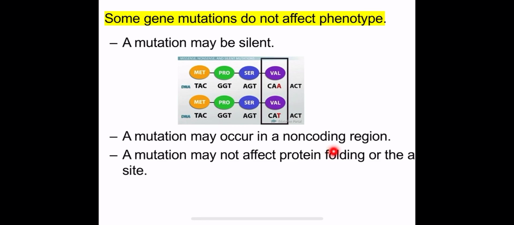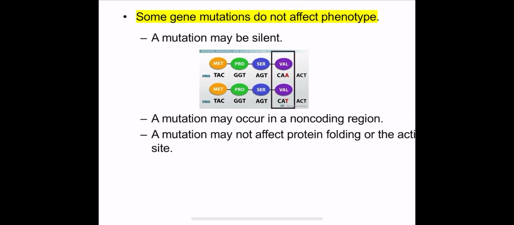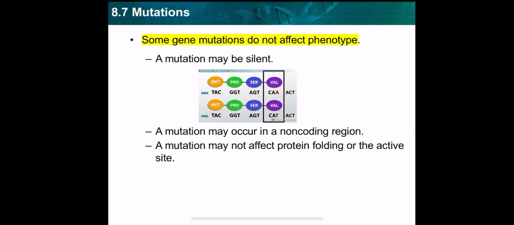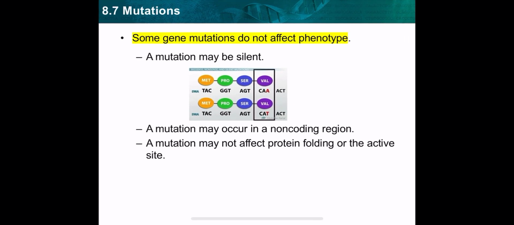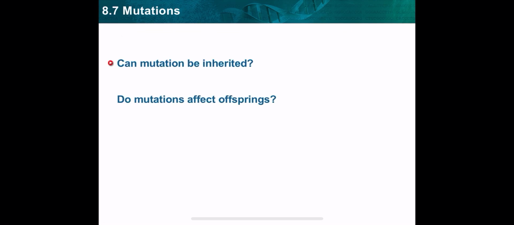If there is no code in this area, this won't affect the phenotype at all. Also, a mutation may not affect the protein folding or the active site. In all these cases, the mutation won't have any effect on the phenotype.